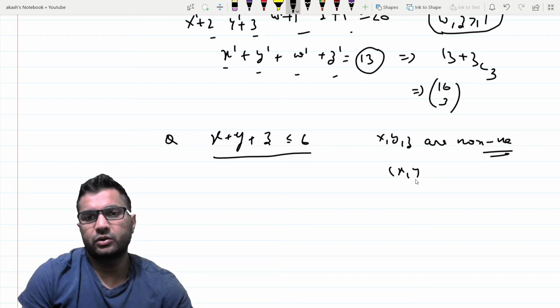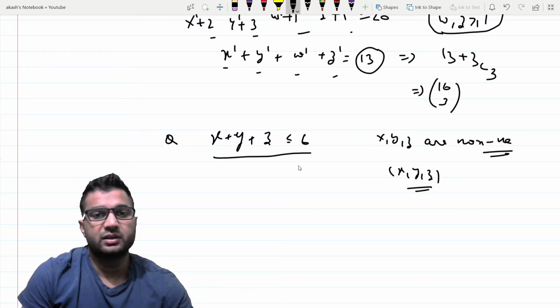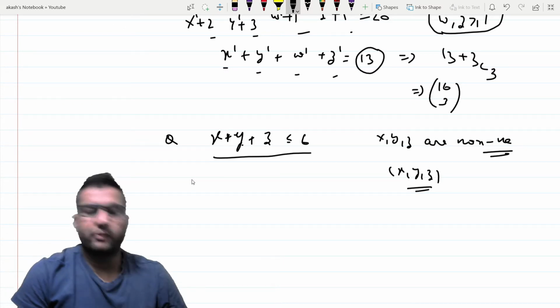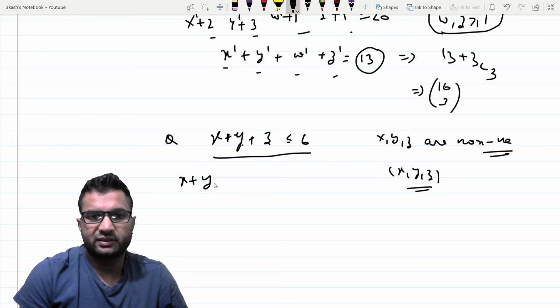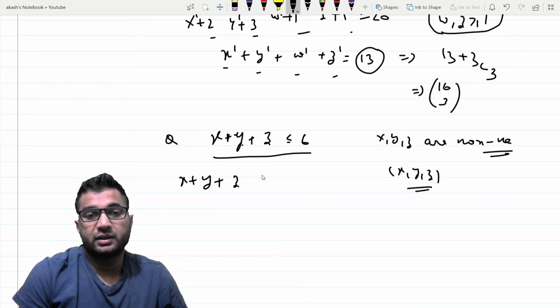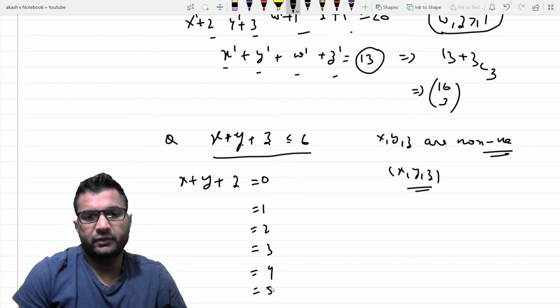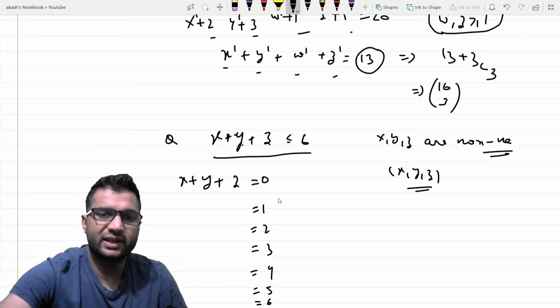One way is to make constraints: x plus y plus z can be equal to 0, 1, 2, 3, 4, 5 or 6. So in each situation we have a constraint.